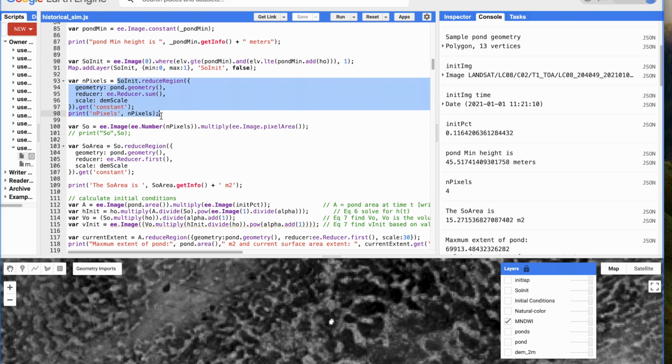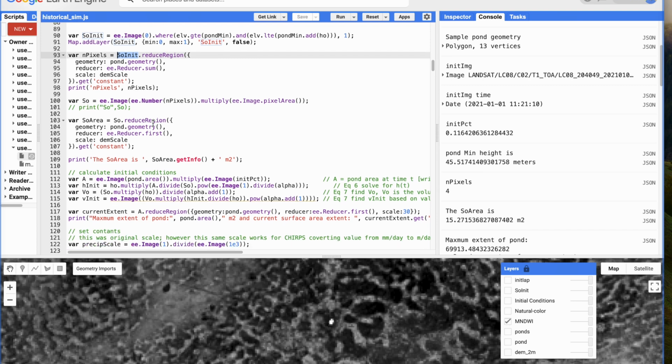And over here in this line of code, it's using so init, which is that condition we just talked about. It's calculating the number of pixels at the DEM scale, and we'll see how that relates back.